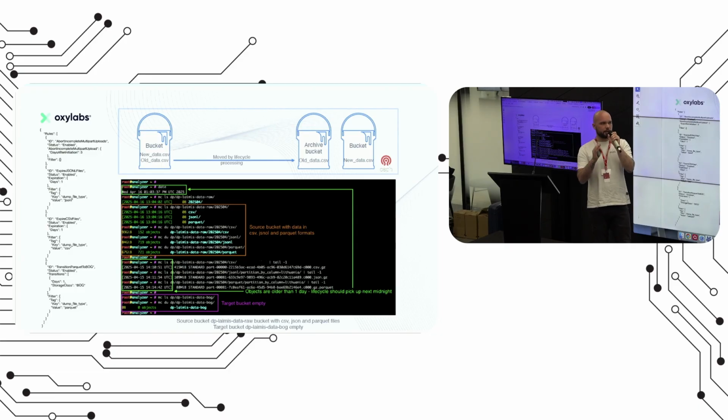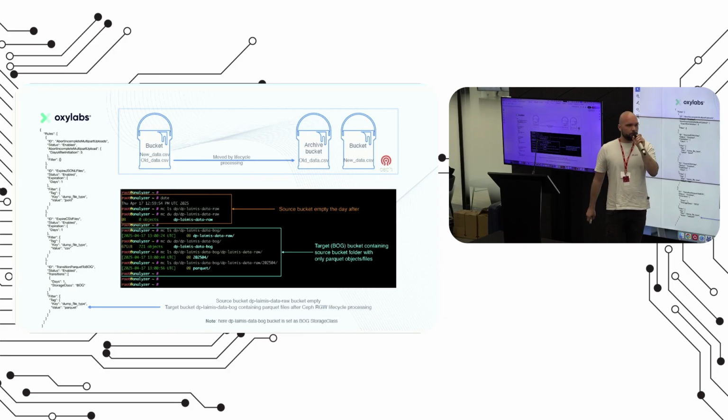All the objects there are tagged with the file type, the dump file type. And just to keep it clean, we also add the incomplete multipart upload cleanup, because that's a good, healthy practice for your cluster. After 1 day, you can see that the original source bucket becomes empty because the CSV and JSON-L files expire naturally.